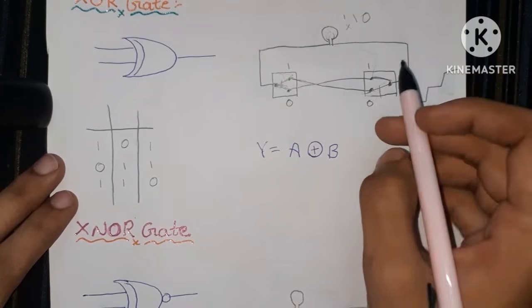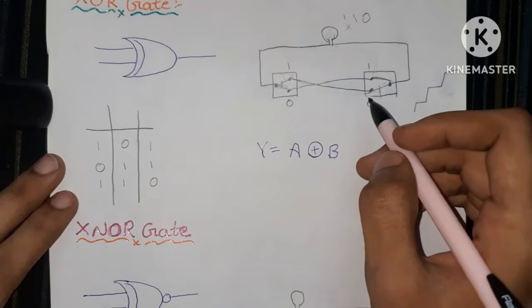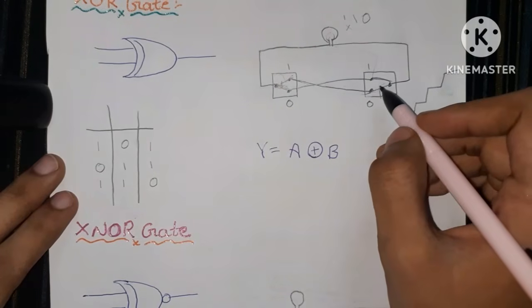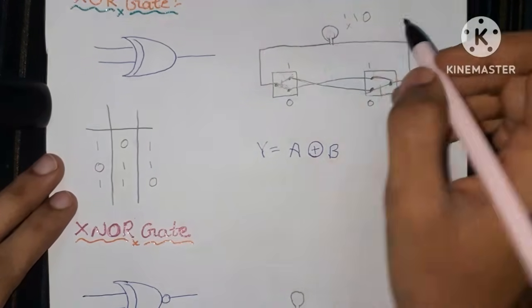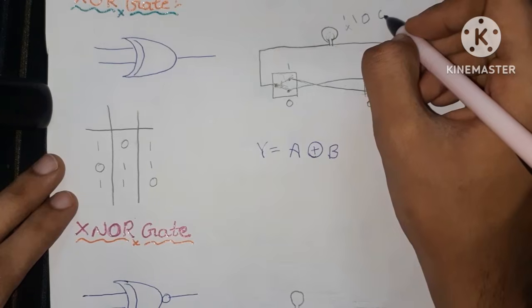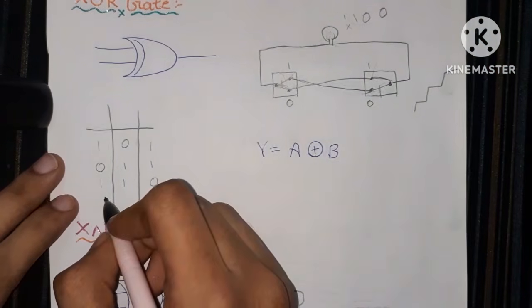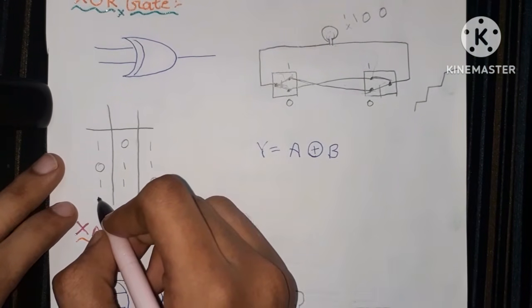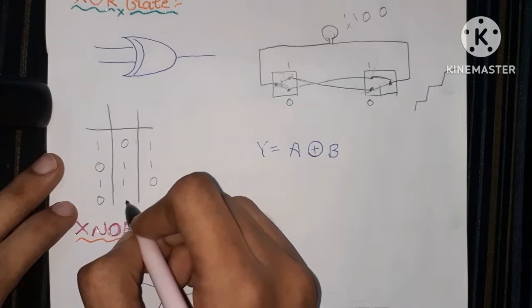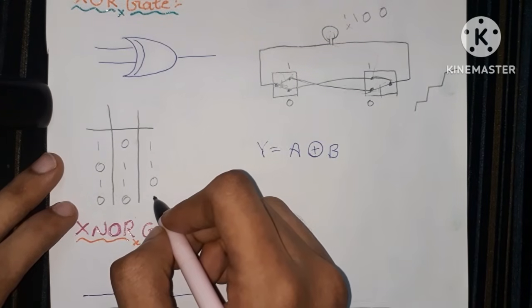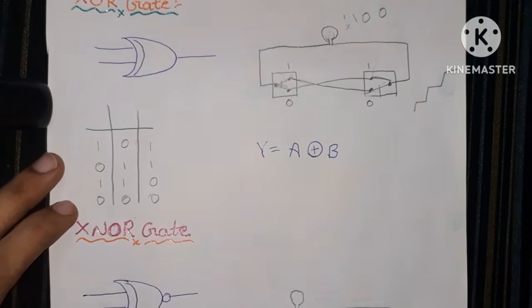The wire is open, the circuit is not closed, so the bulb will not glow, so it will also be 0. If we give the inputs 0 and 0, the output will also be 0.